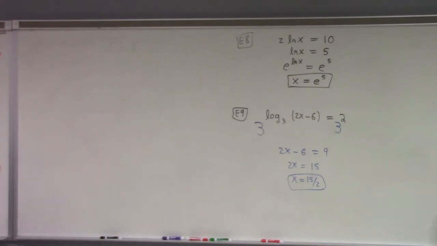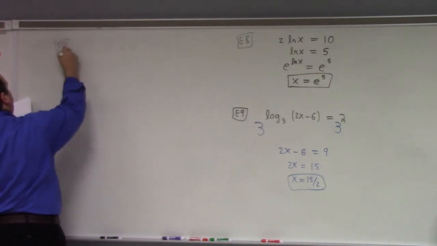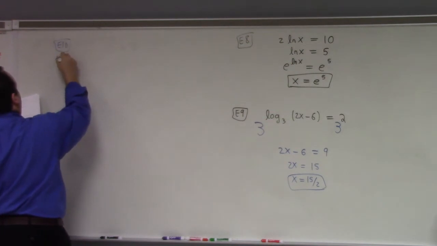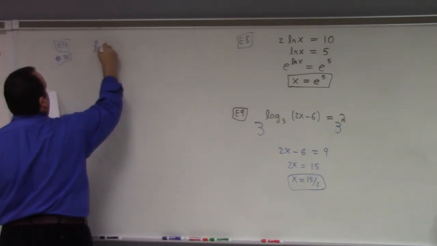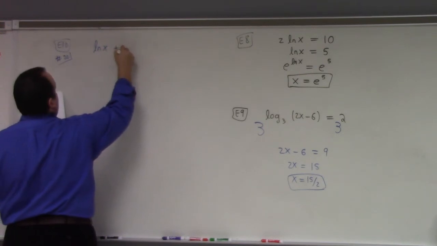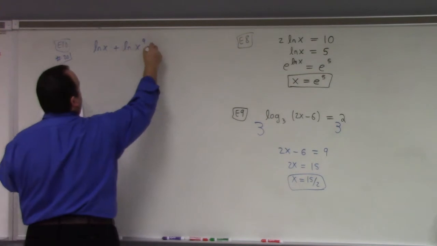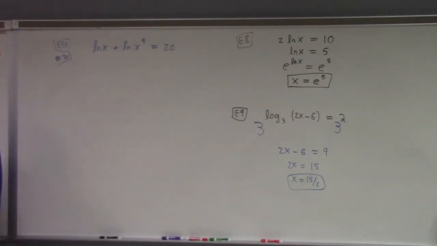Well, let's look at another one. This is like number 20. Here I'm looking at log of x plus the log of x to the power 9, yowzers, equals 20. Well, that's kind of scary looking.